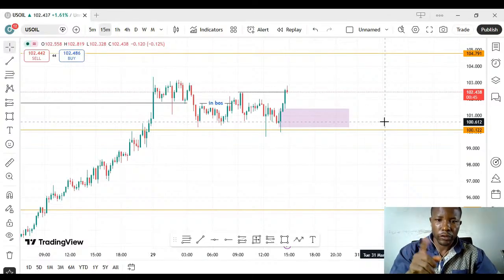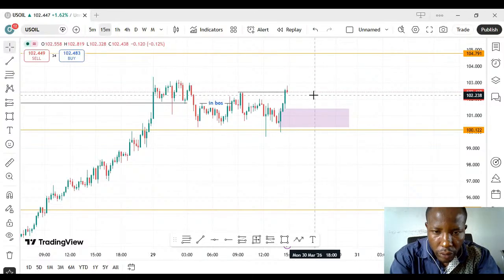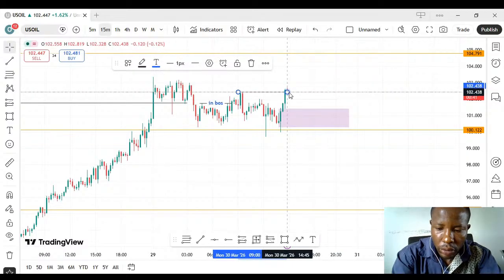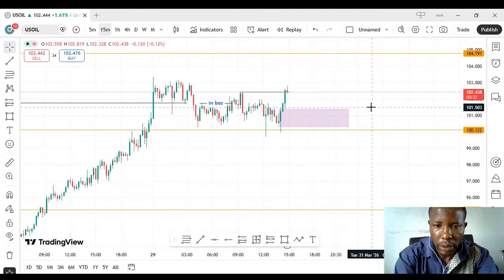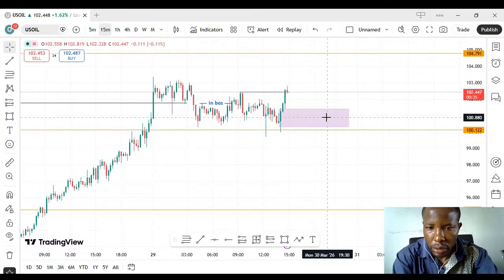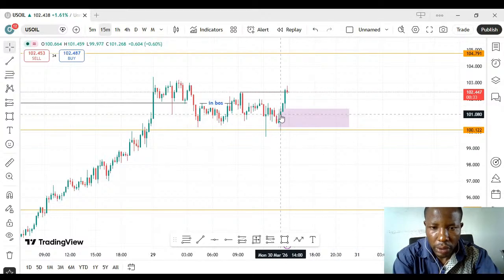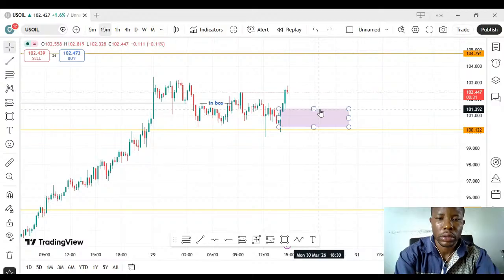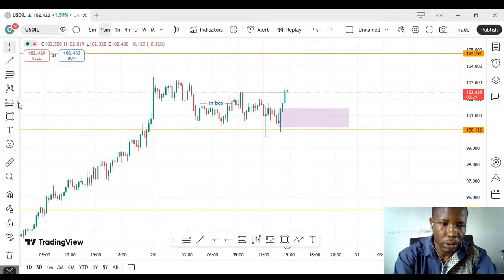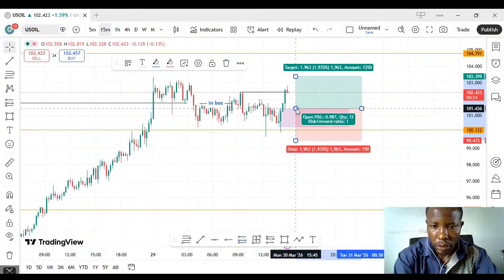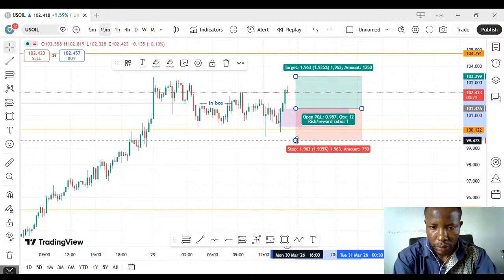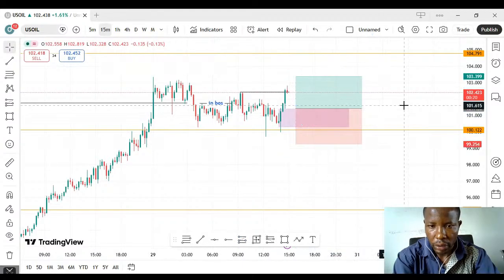Let's see how it closes. If it closes above the break of structure, let's draw that break of structure nicely across. If it closes the way it is right now, then we're going to be using this place as our next point of interest. What we're going to be doing is setting our pending order here, for it to reverse back here and tap us in, then we'll fire the way to the upside.